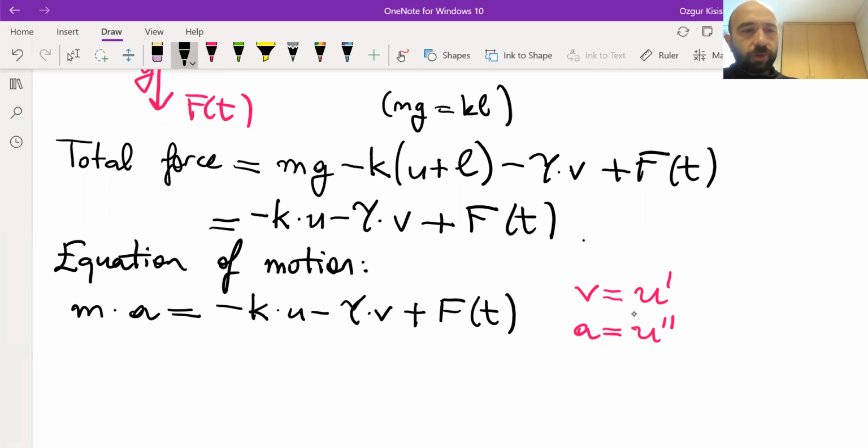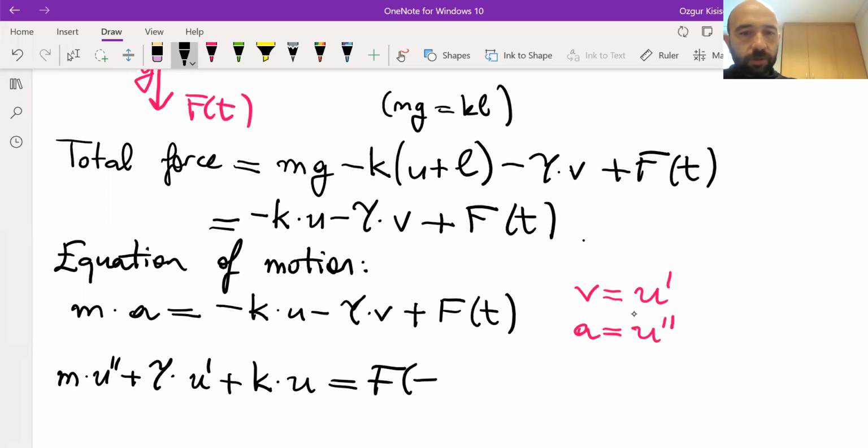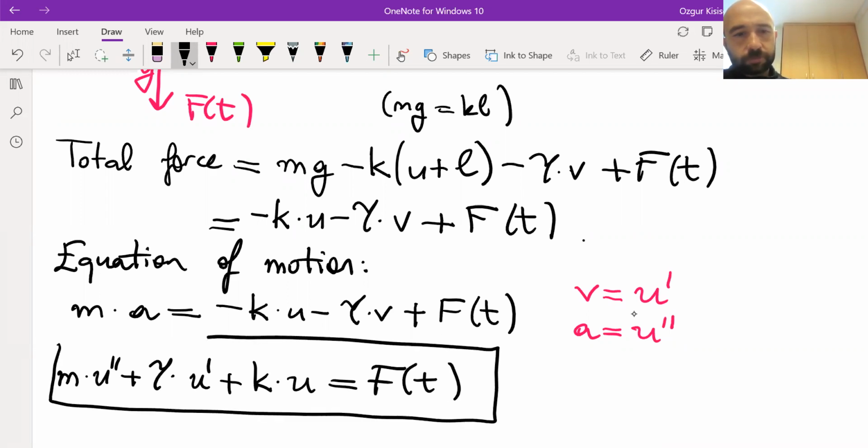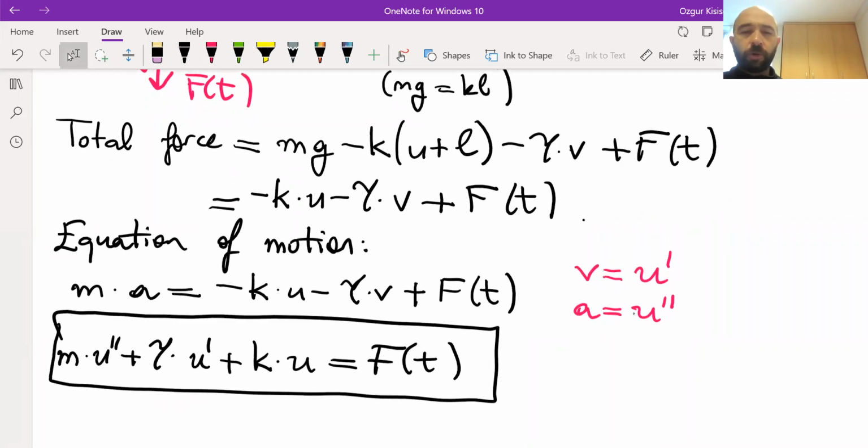And if we reorganize this, it looks like m u double prime plus gamma u prime plus k u equals F of t. Okay, this is our equation of motion.